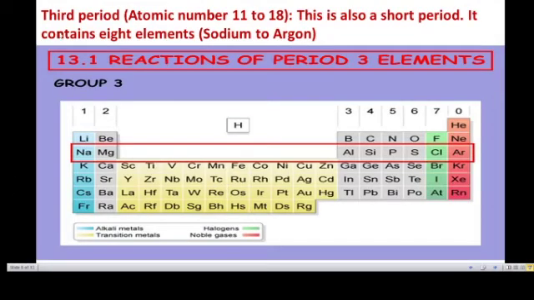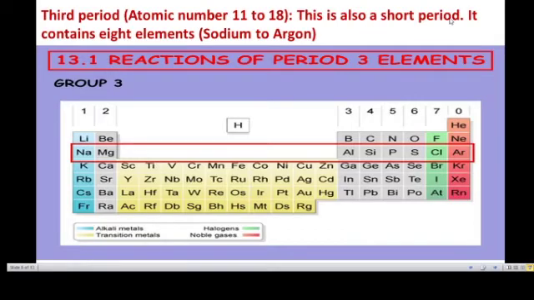Then the third period, atomic number 11 to 18. This is also a short period. It contains 8 elements. The first period is called the shortest period.